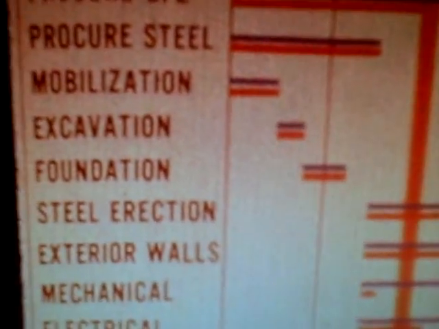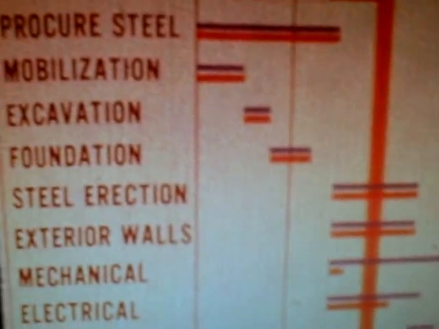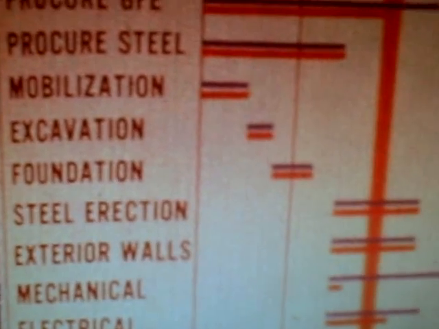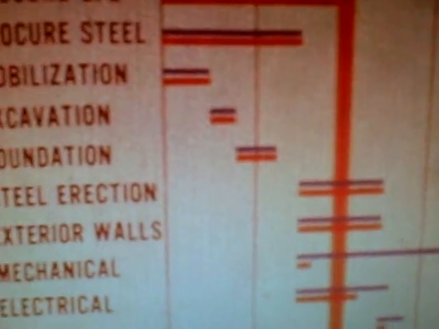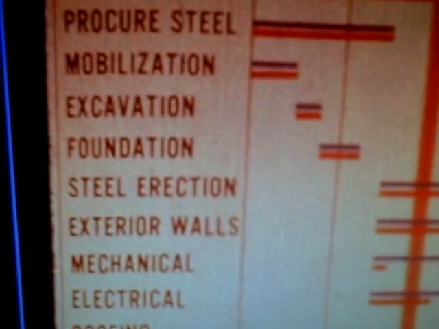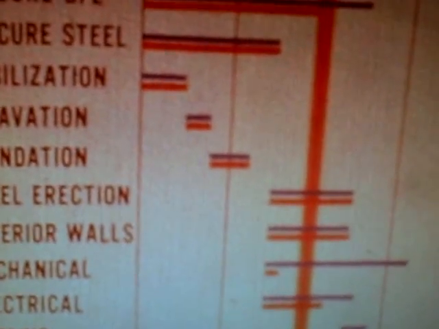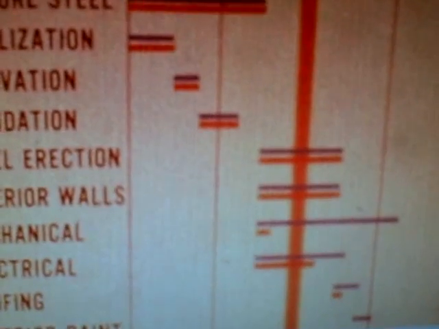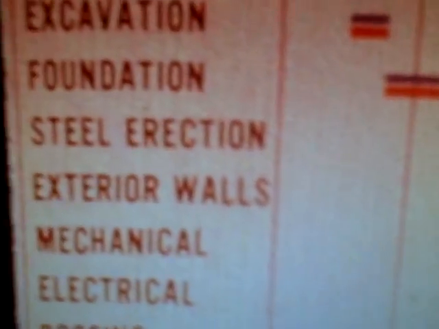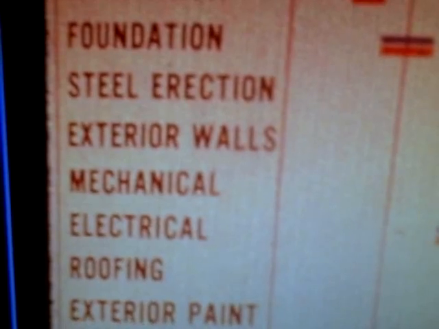Then we see the construction is actually beginning, and steel erection is ahead of schedule, and exterior walls are also ahead of schedule. On the other hand, looking down a little bit further, mechanical is actually behind schedule. And the next activity in the list is electrical, which is ahead of schedule.